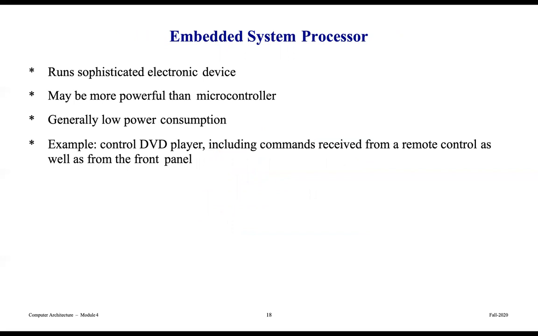An embedded system processor runs sophisticated electronic devices, and may have more power than a microcontroller. It generally aims for low power consumption. An example would be controlling a DVD player or Blu-ray player, which would include receiving commands that come from a remote control, having some Bluetooth type of capability, as well as dealing with inputs from the front panel.